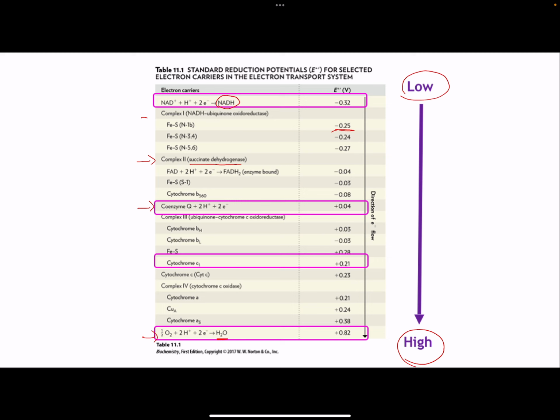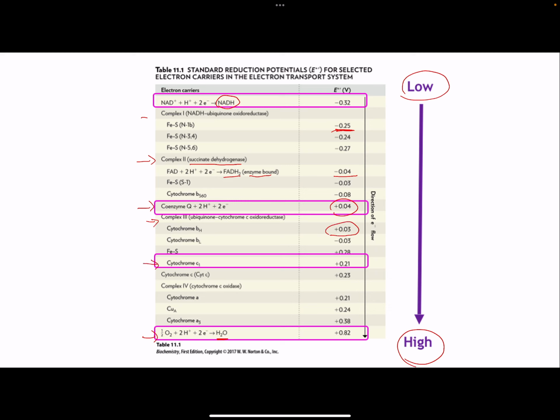So here we have our FAD that's going to be enzyme bound. And the whole total standard reduction potential for this complex 2 is now negative 0.04, so less negative than the previous complex. Now, if we look at coenzyme Q, which is also a part of this series, we're now at around plus 0.04, and our complex 3 is right around the same.